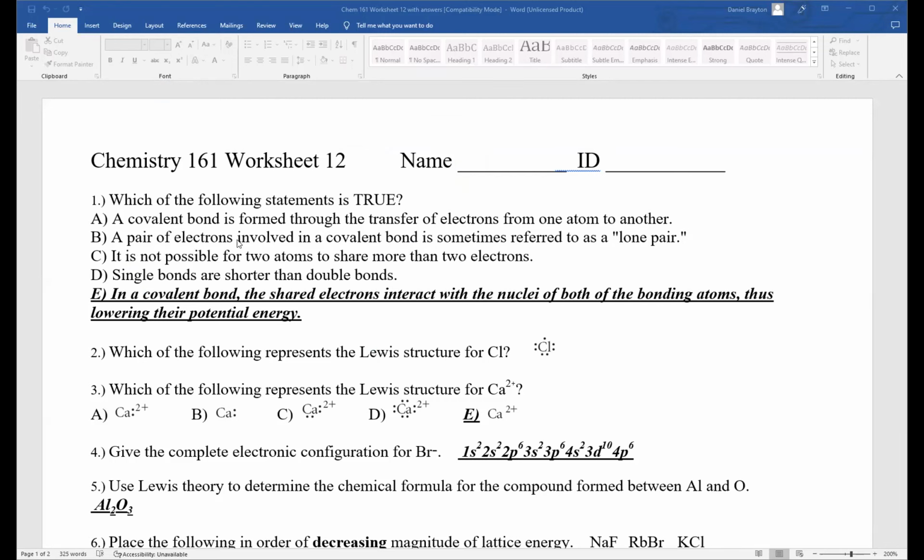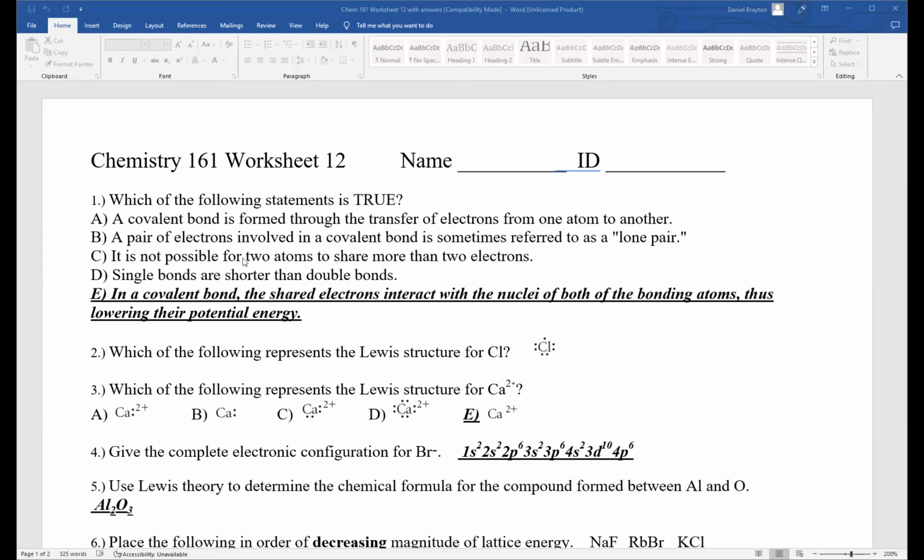It's kind of vague, so it's just not the best answer, right? There are obviously lone pairs there, but a pair of electrons is also a bond. But it says sometimes. This must be one of the problems she put in here. I haven't looked at these in years, but that one would be one I would cut out. I wouldn't have it on the test.